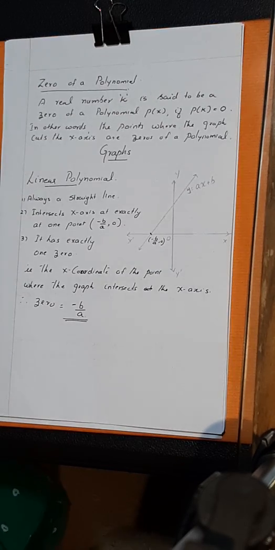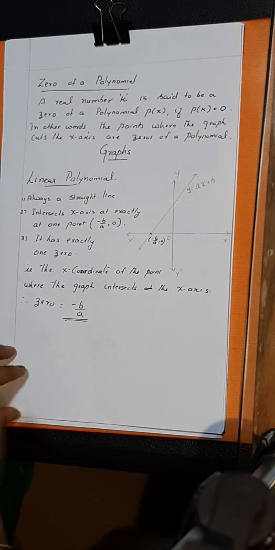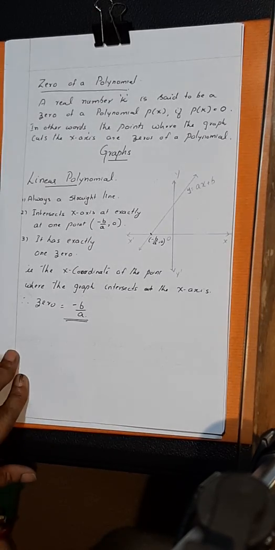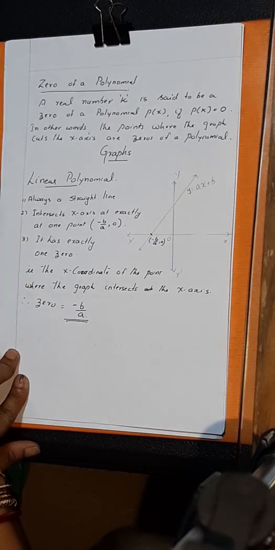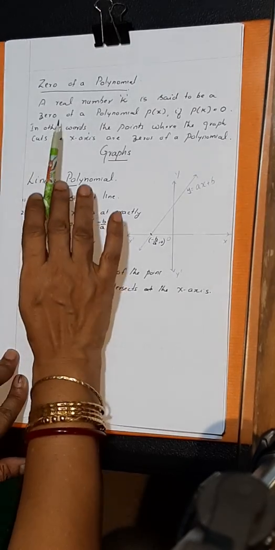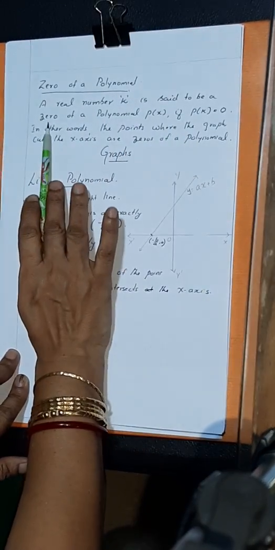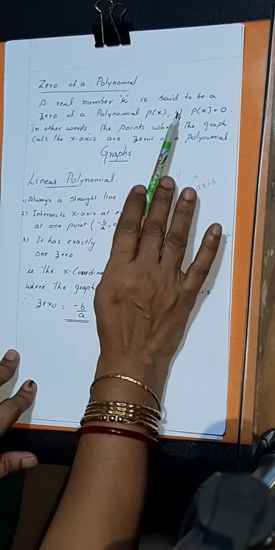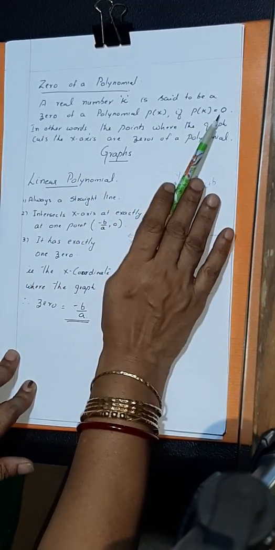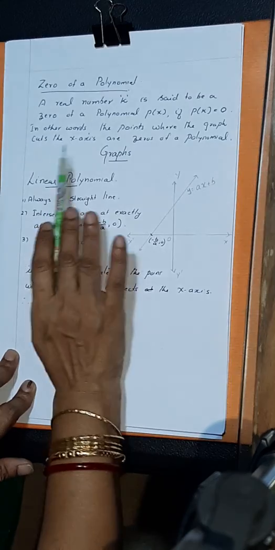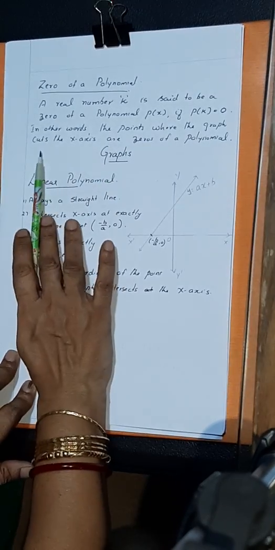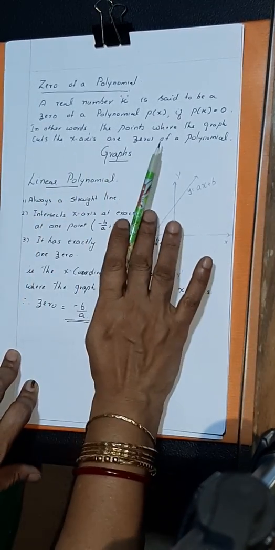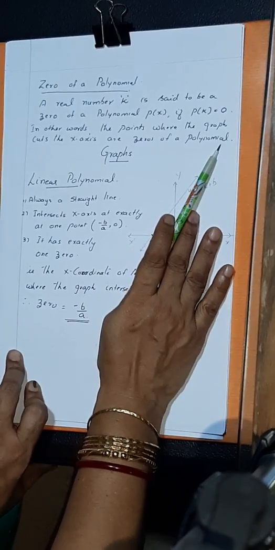Zero of a polynomial. In this full chapter, you will come across the phrase zero of a polynomial. A real number k is said to be a zero of the polynomial p(x) if p(k) is equal to 0. In other words, the points where the graph cuts the x-axis are the zeros of a polynomial.